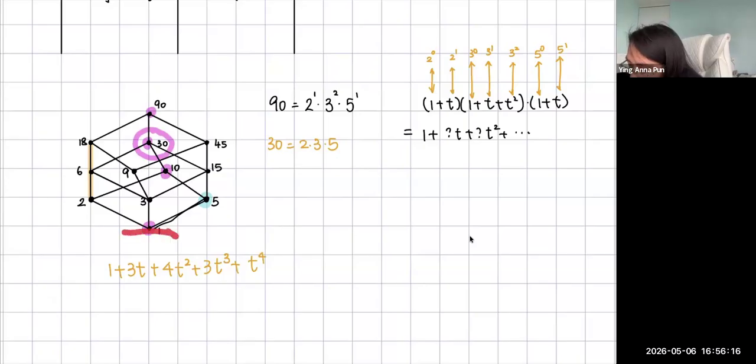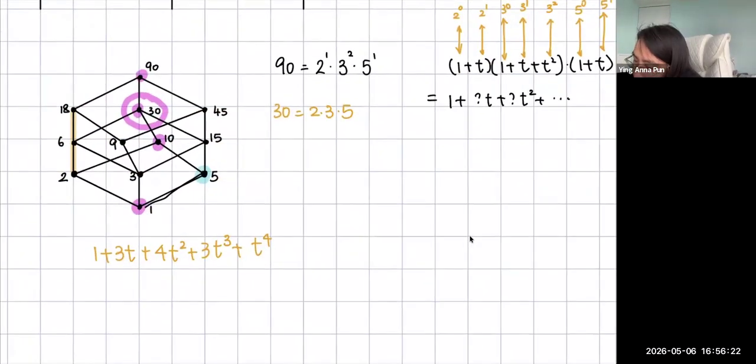How do I know that? There is 1 element, 3 elements, 4 elements, 3 elements, 1 element. The 30 contributes to one of the 3 at t cubed. This 3 is counting 18, 30, and 45. So 30 is inside this 3.